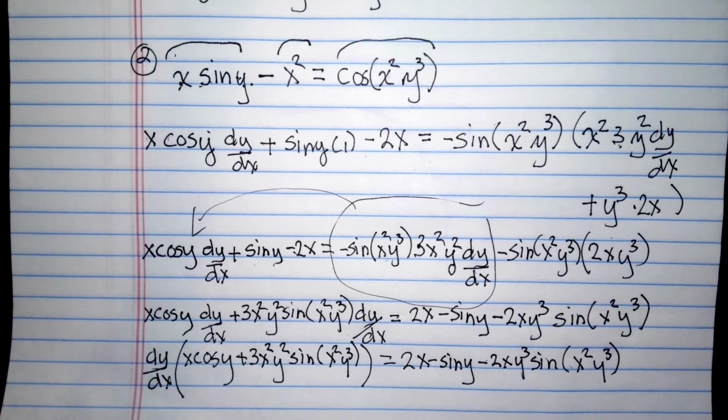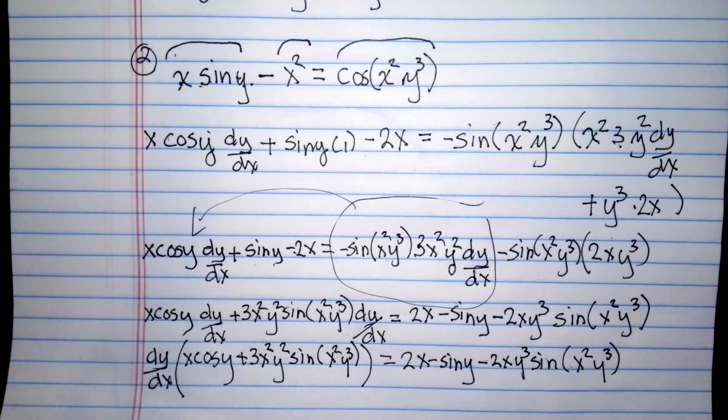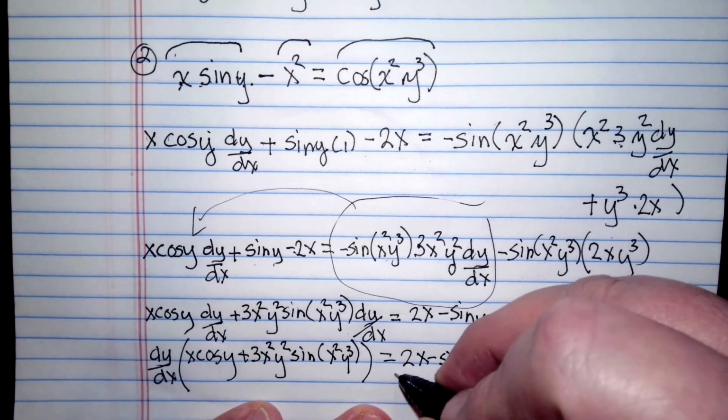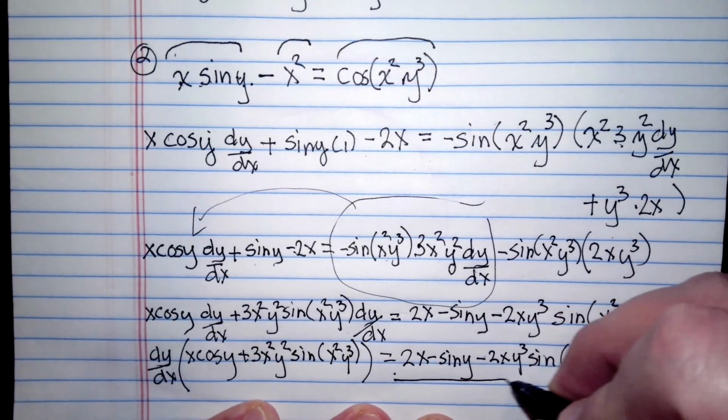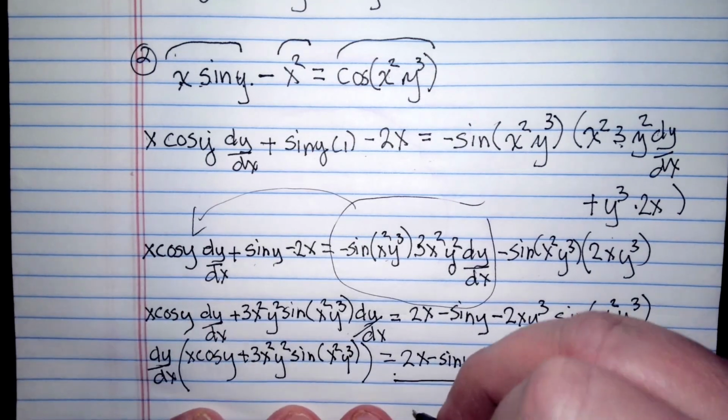So we've got dy dx times x cosine y plus 3x squared y squared sine of x squared y cubed equals 2x minus sine y minus 2xy cubed times the sine of the quantity x squared y cubed. And now all we have to do is divide each side by the coefficient of dy dx, and we'll be done. Actually, I'm going to save myself some writing and just move this over here.